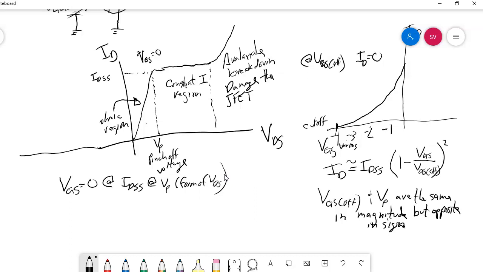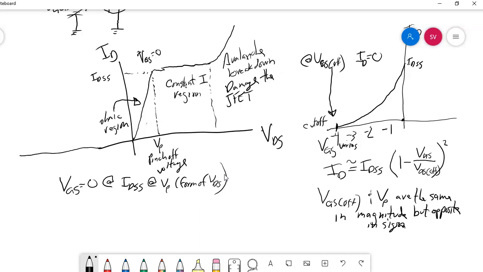At VGS cutoff, which is right here, your drain current is 0. So now as we negatively decrease our VGG, or our gate to source voltage, as that decreases, it gets to 0. Now we are at IDSS, the maximum drain current.